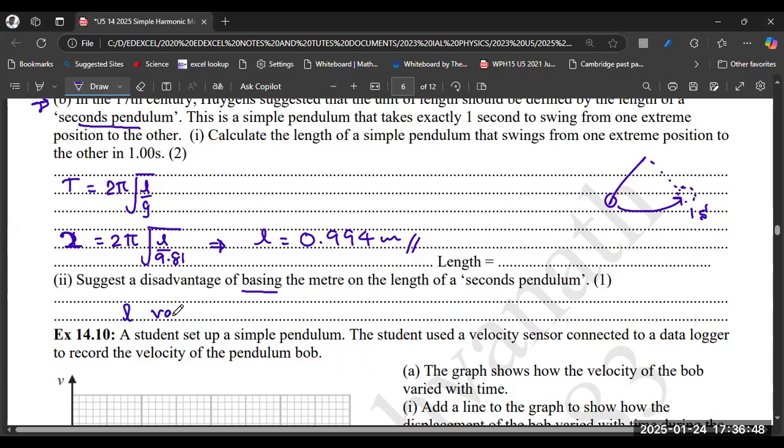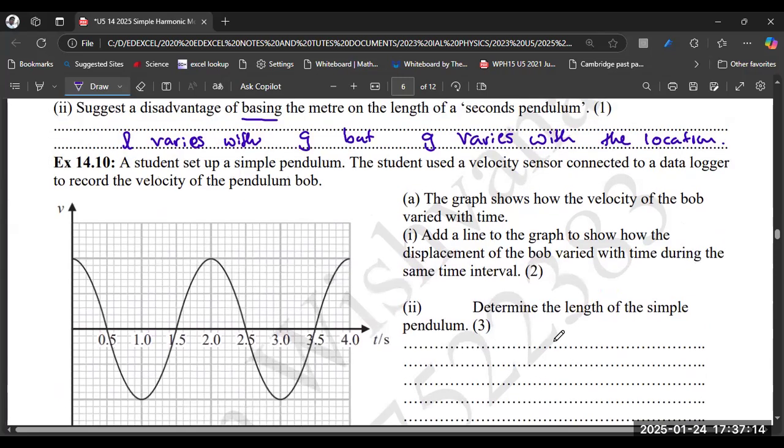L varies with g, but g varies with the location. And in different locations, 1 meter would be different, but 1 meter can't be different like that.